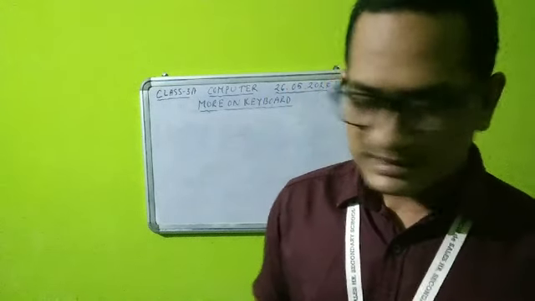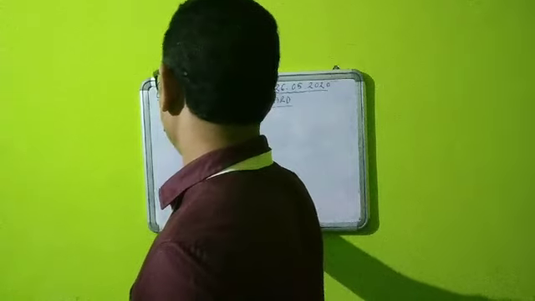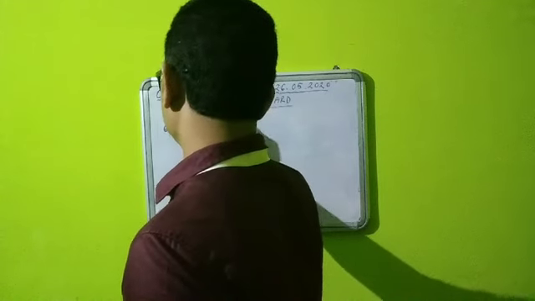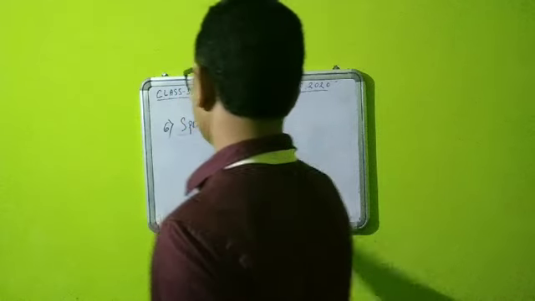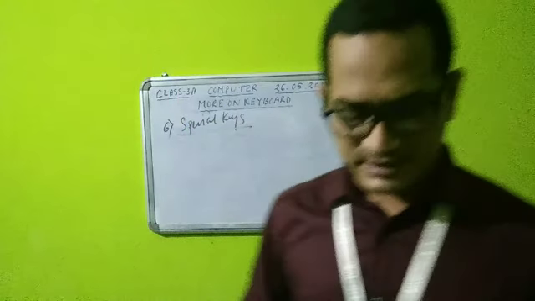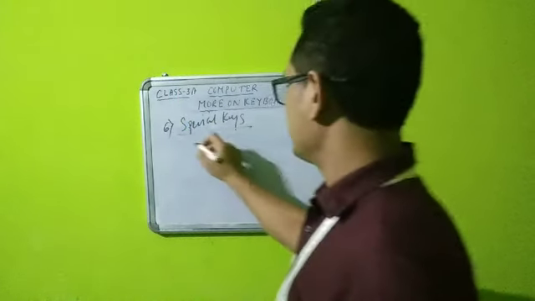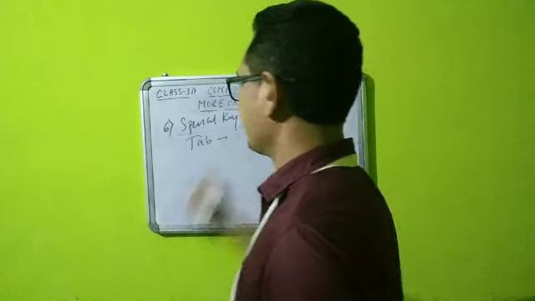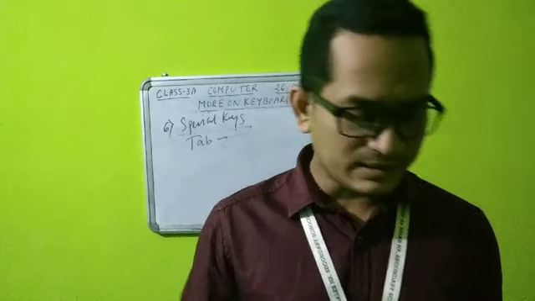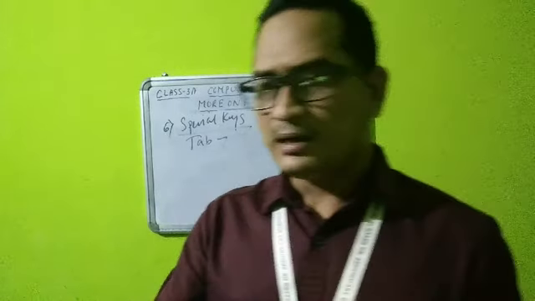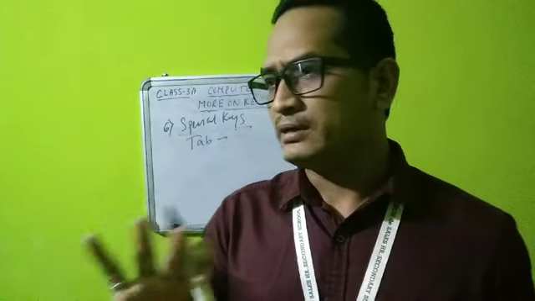Fine. Now the last type of key, number 6, is special keys. If you say special keys, the first one is Tab. Now what is the use of Tab? Tab is just to move the cursor, in between the letters or words.